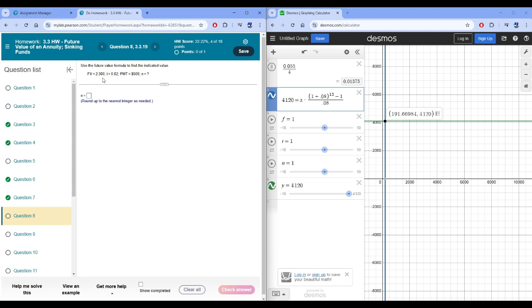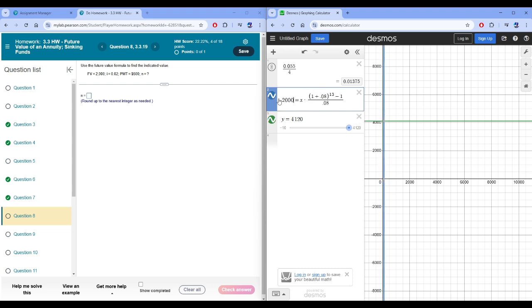Literally the same exact thing here, right? You're just solving for n. I can get rid of all of this. So my future value now would be 2,000, and my I is 0.2. Also down here is 0.2.